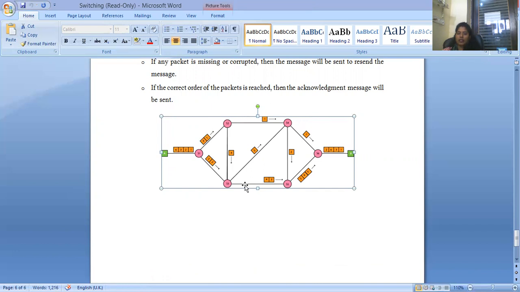Or one will be there, one will be there. Now again this will come here, and here the data packets come to this one. This is again distributed here and here. Then this is routing over here, and these two are coming in this way.